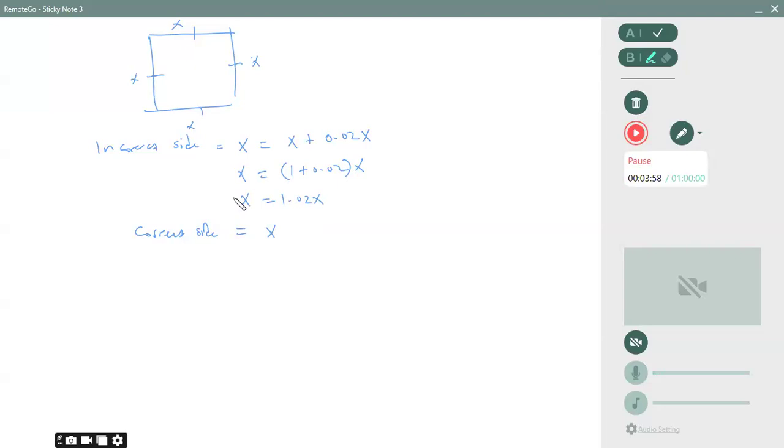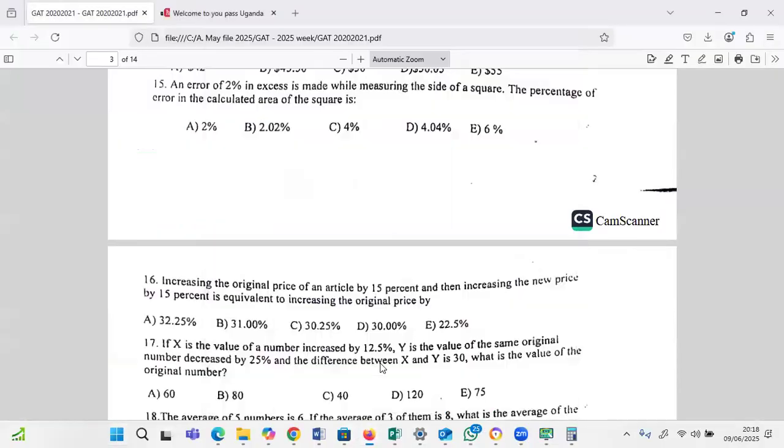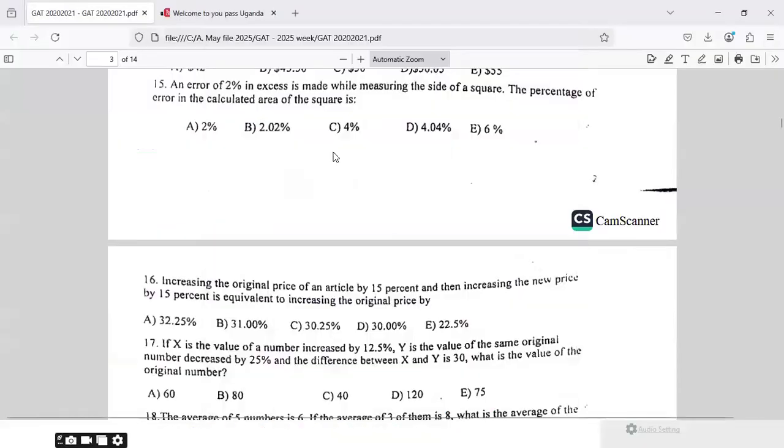Okay. Now the question was asking that an error of 2% in excess is made while measuring the side of a square. Now the percentage error made is how much, like the error made in the calculation of the same square.